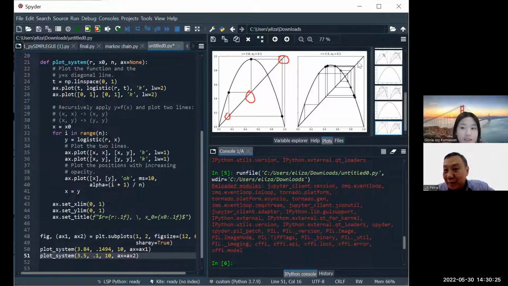Oh, but this one, 3.5, we have multiple cycles. 3.5 is not really multiple cycle. This is kind of chaotic. Exactly, certain parameter values will create cycle. The other one will create chaos. The other one will become deterministic.